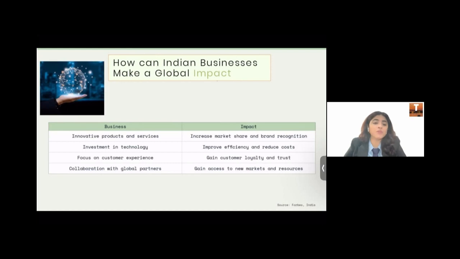Second would be to focus on quality and compliance. Compliance is coming up repeatedly, which itself explains how important compliance is and what role it plays here. Number one in this would be to maintain international standards, ensuring that products or services meet international quality, because you can't sell a very basic product on an international market.